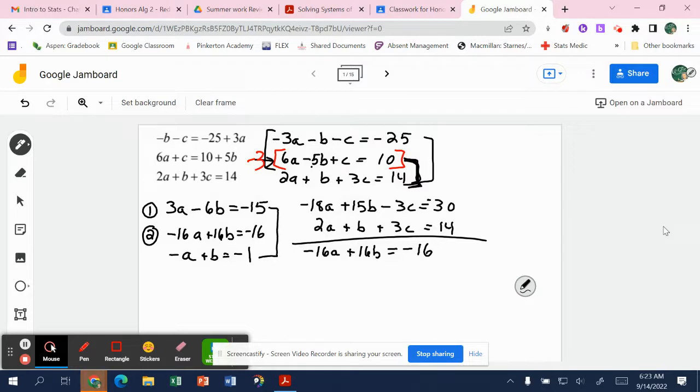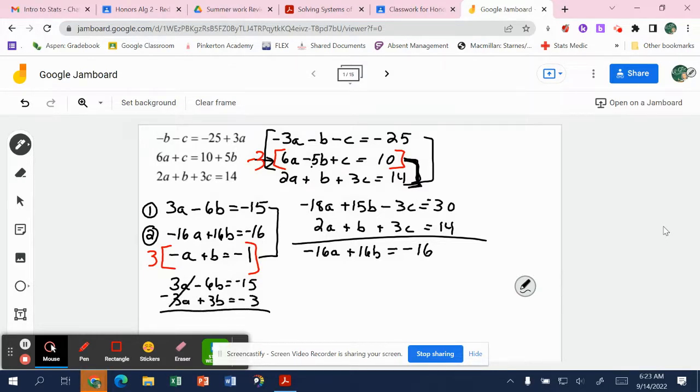Now, I'm going to take the second equation and multiply it by 3 in order to get these a's to cancel out. So I'm going to rewrite this down here. Our first equation is 3a minus 6b equals negative 15. My second equation is negative 3a plus 3b equals negative 3.